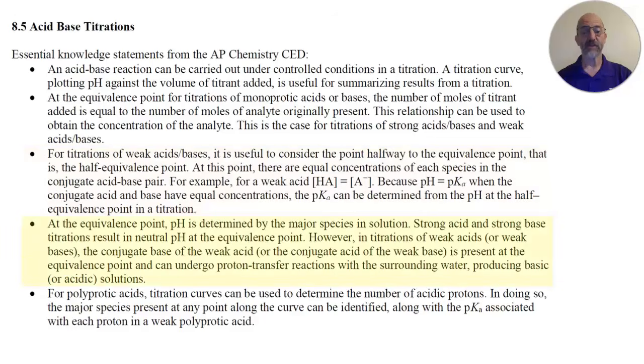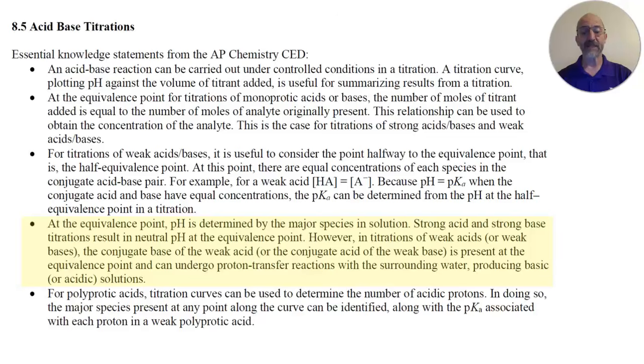Now, at the equivalence point, the pH is determined by the major species in solution. Strong acid and strong base titrations result in a neutral pH at the equivalence point. However, in titrations of weak acids or weak bases, the conjugate base of the weak acid, or the conjugate acid of the weak base, is present at the equivalence point and can undergo proton transfer reactions with the surrounding water, producing basic solutions or acidic solutions.